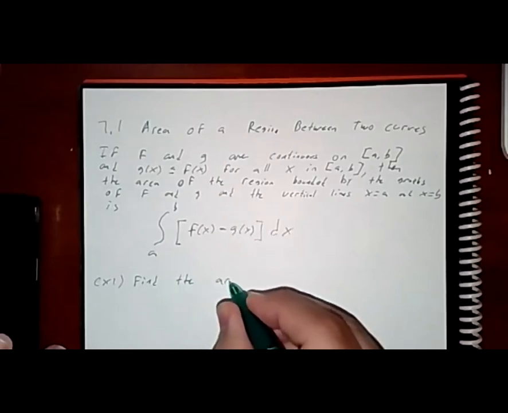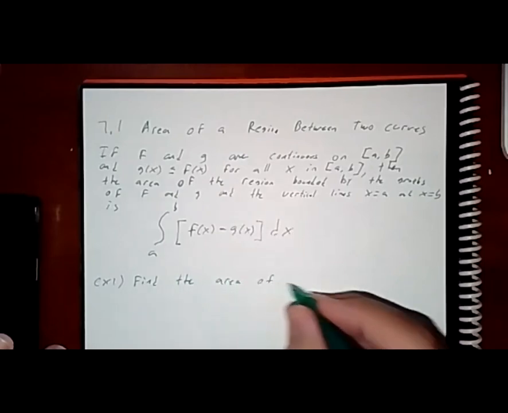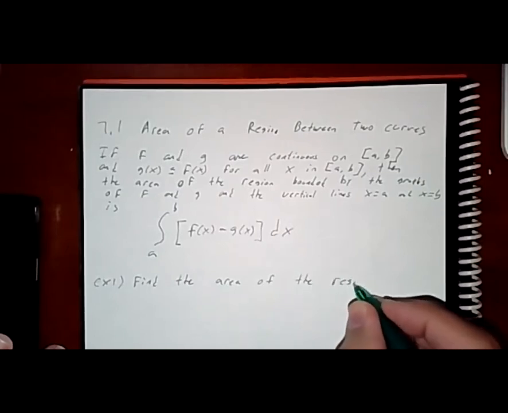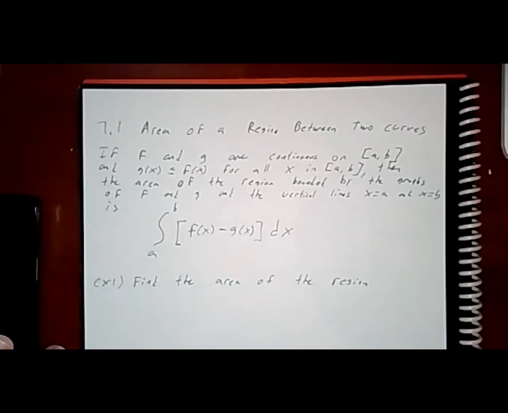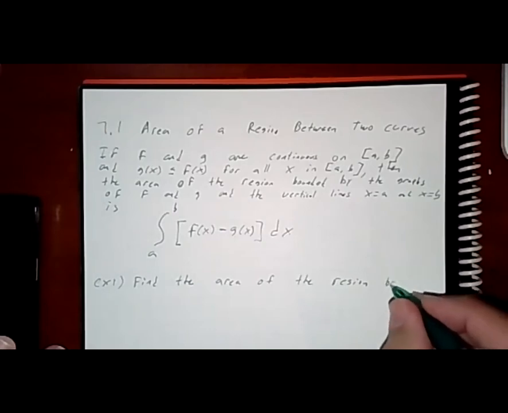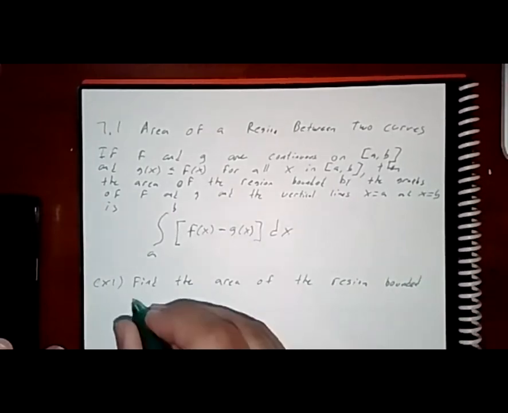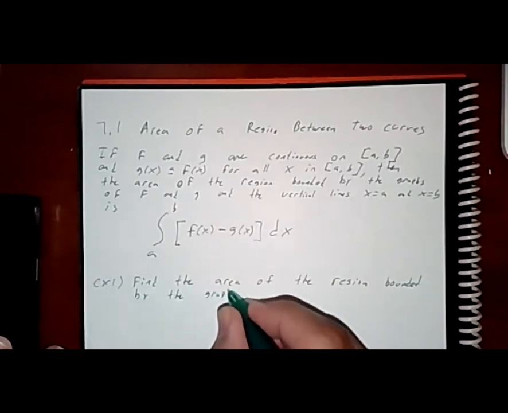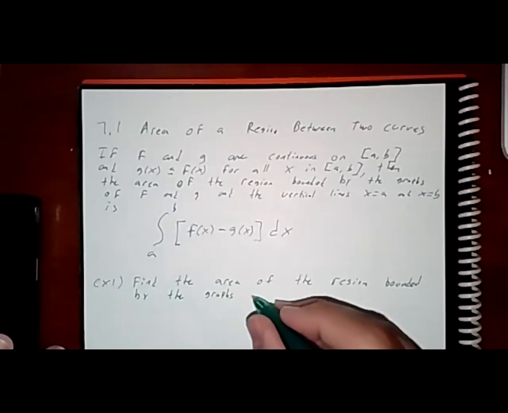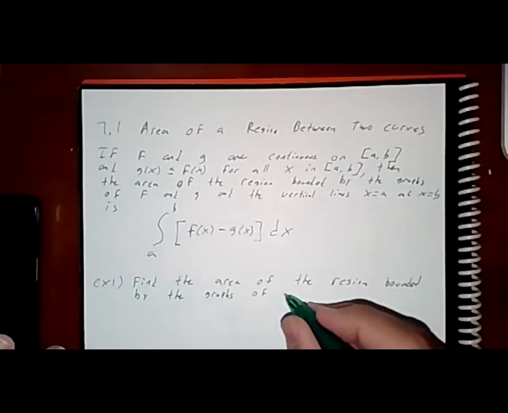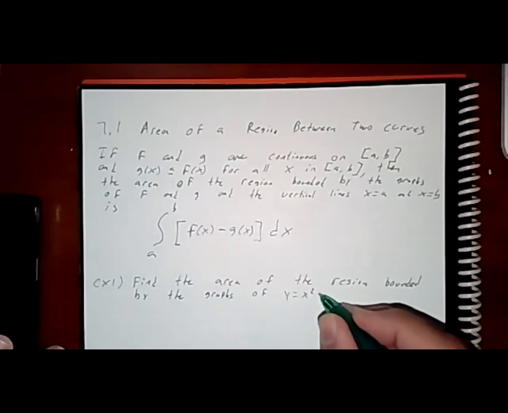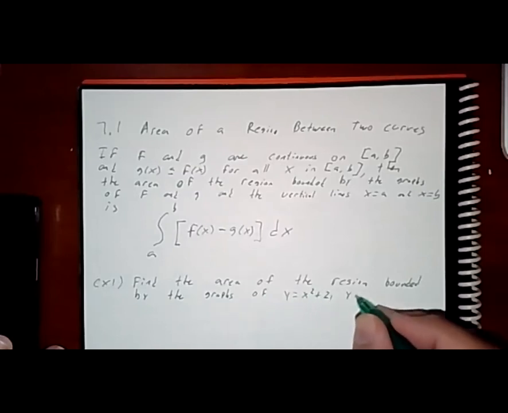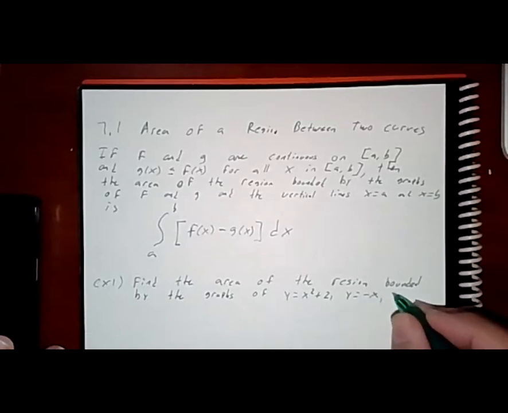Find the area of the region bounded by the graphs of y equals x squared plus 2, y equals negative x, x equals 0, x equals 1.